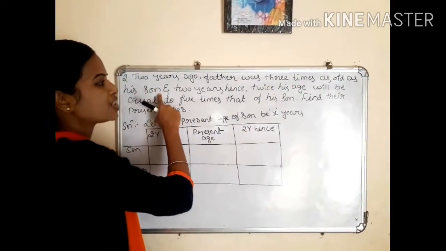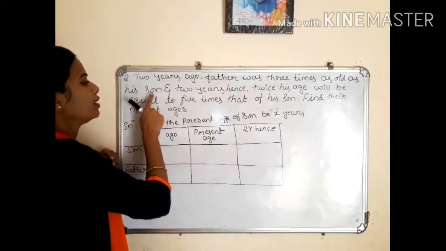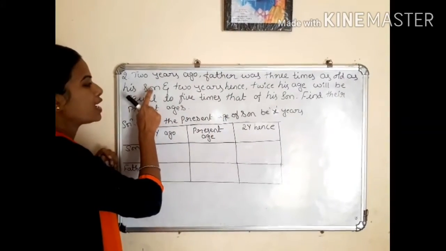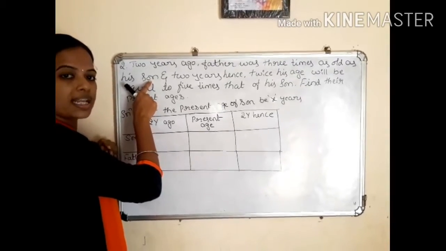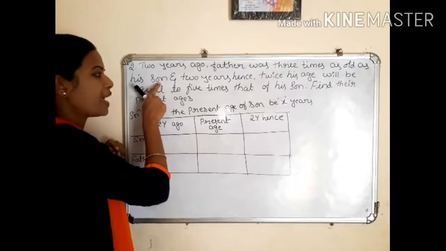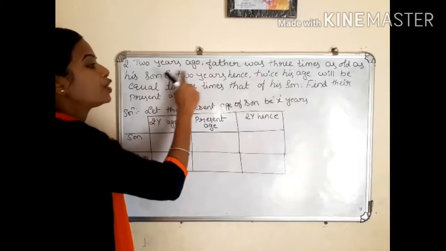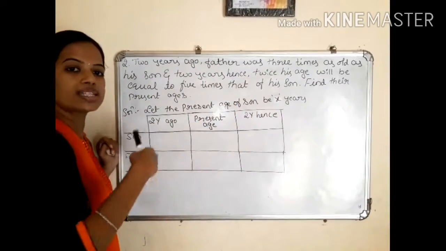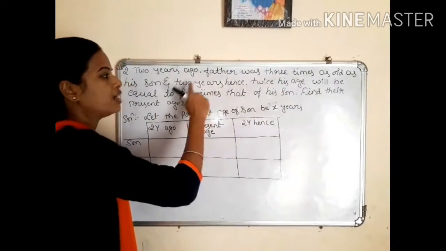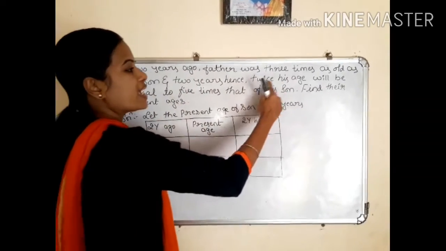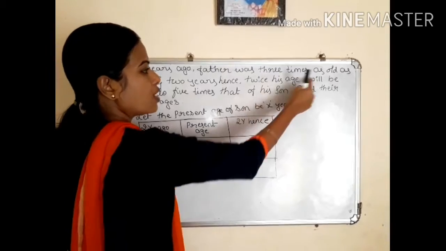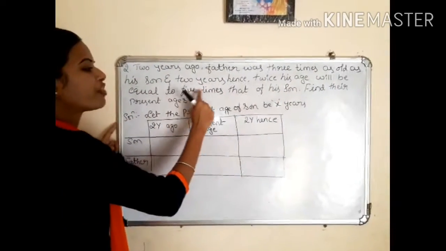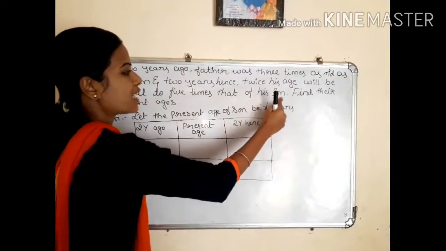Here, it is a comparison of father's age to son's age. So here you have to take son's age to be x. Present age of son be x. Again, 2 years hence, hence nothing but after. 2 years hence, twice his age, means twice father's age, will be equal to 5 times that of his son.